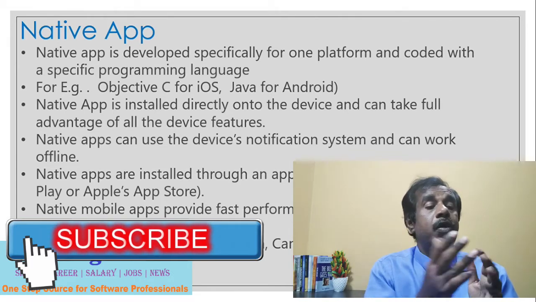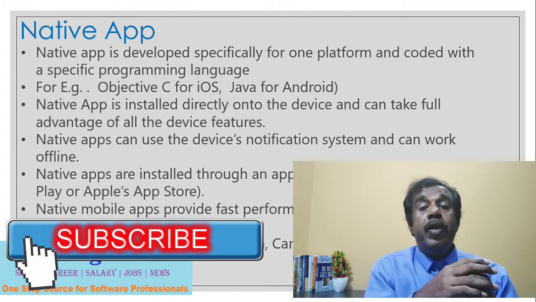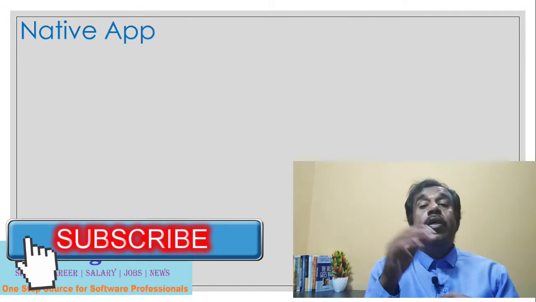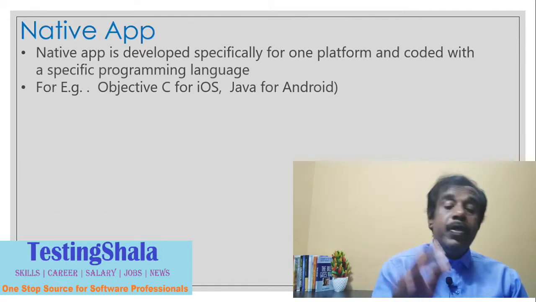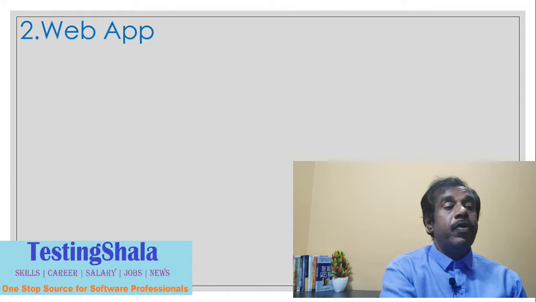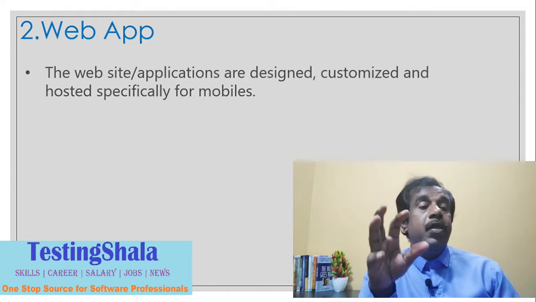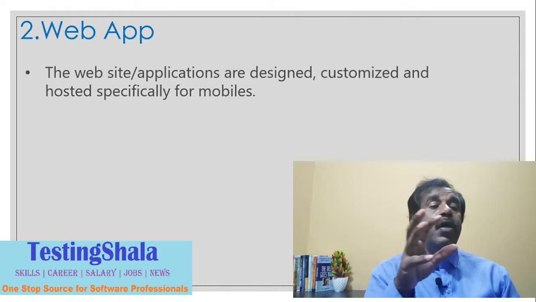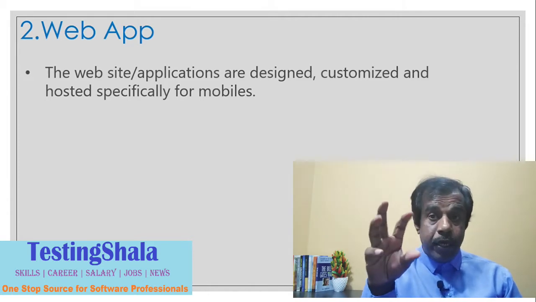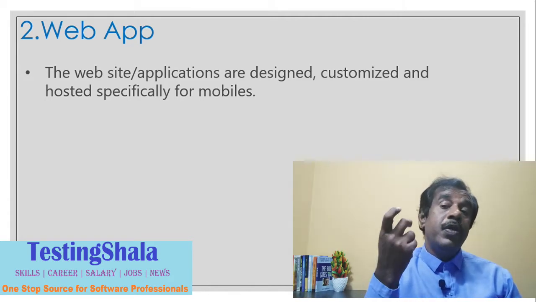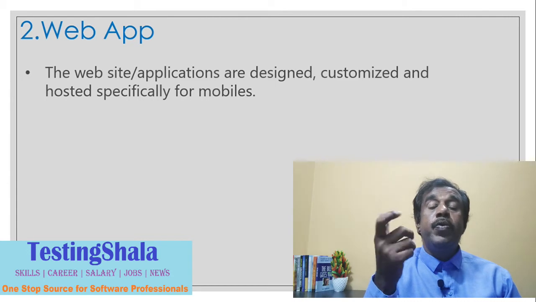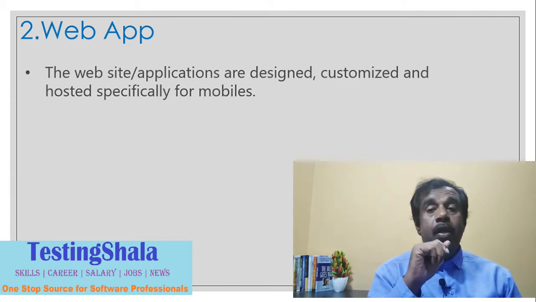So let us move on to the next type of app, which is the web app. Web app is the second type of app. Basically, here we are going to convert a website so that it can be portable as a mobile application.